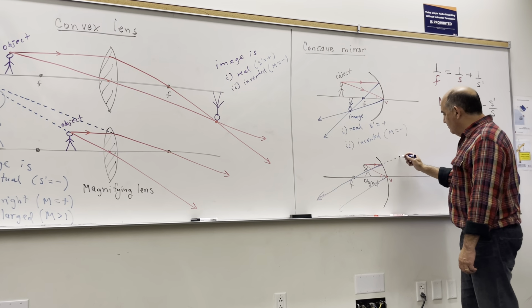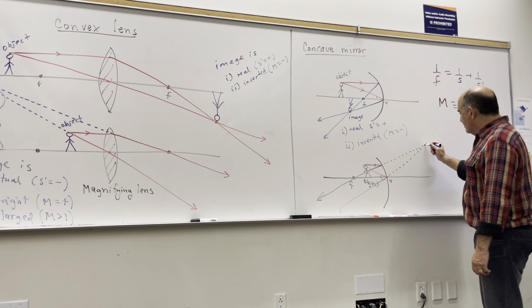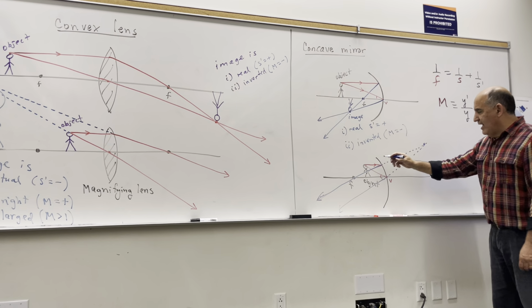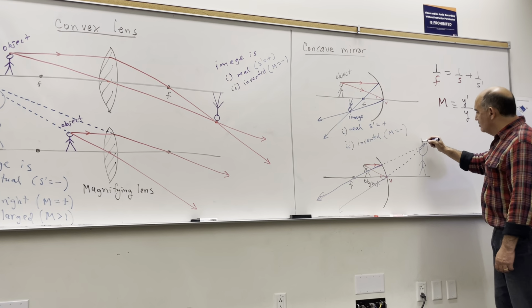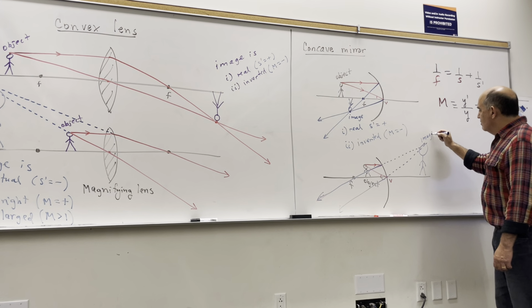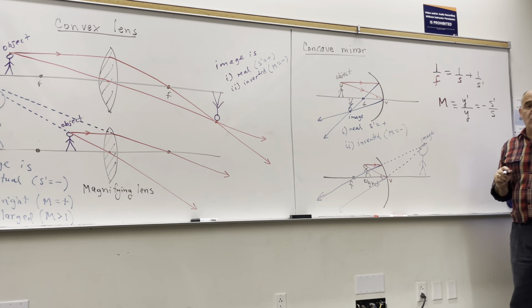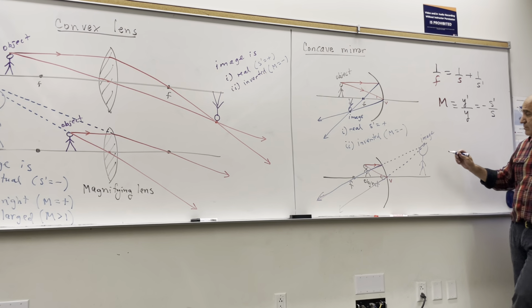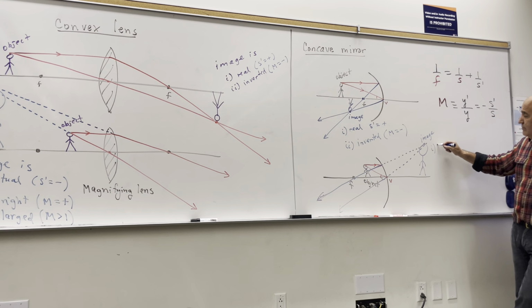This one seems to come, just extend it back, extend this one back. They seem to come from here. So the head of that object image will be here. So this is the image. And is that image real or virtual? Virtual. Because the light rays never make it to that side of the mirror.